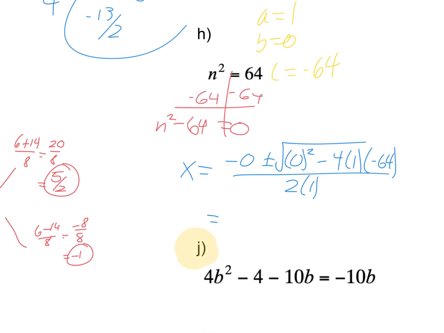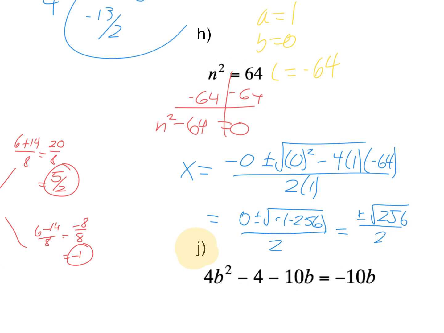All right, so this would simplify to 0 plus or minus the square root. Now 4 times -64, that would give us, let's see, -240, I believe, so we have minus a -256. This is all divided by 2. So we have minus -256. So that would be, so we have plus or minus the square root of positive 256.